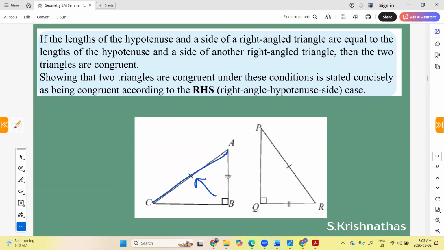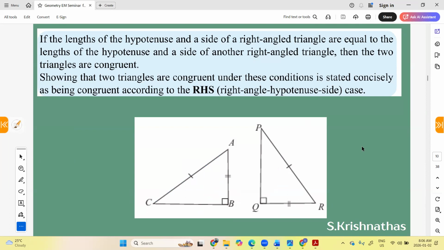Hypotenuse and a side equal to hypotenuse and a side of another triangle, then these two triangles are congruent. One more time. Hypotenuse and a side of a right angle triangle equal to hypotenuse and the side of another right angle triangle, then the two triangles are congruent. Okay, next.